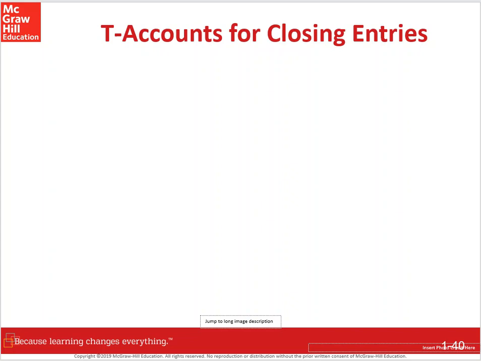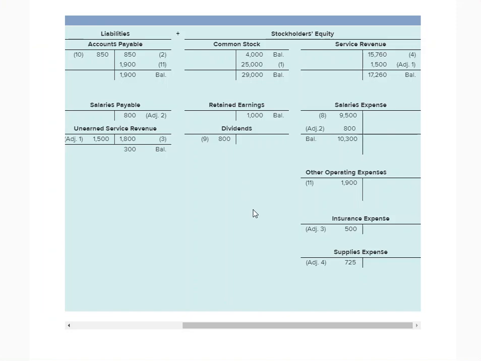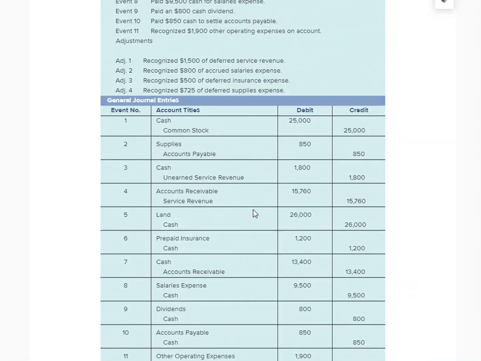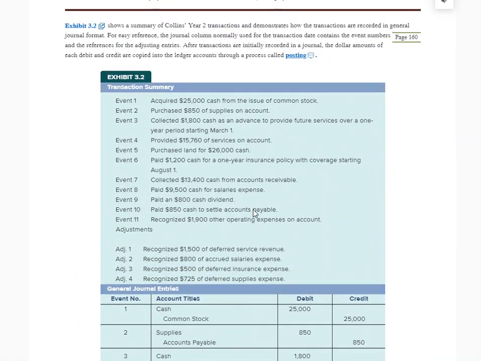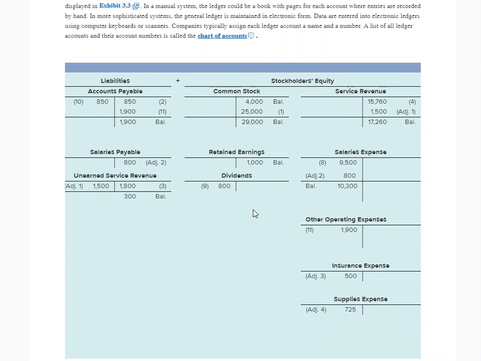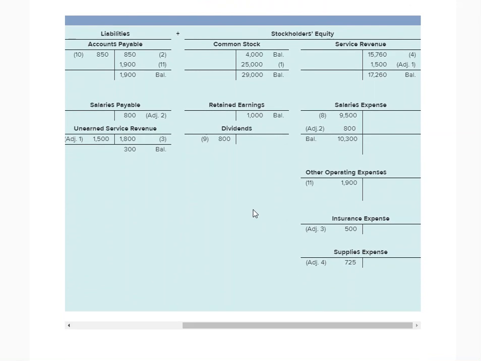In fact, I'm going to jump back over to the textbook. All right, here we are back in the textbook. We're at exhibit, well, it was 3.2 up here, and then we have our T accounts below in 3.3, I believe. So we see each of our temporary T accounts, and we've got our retained earnings.